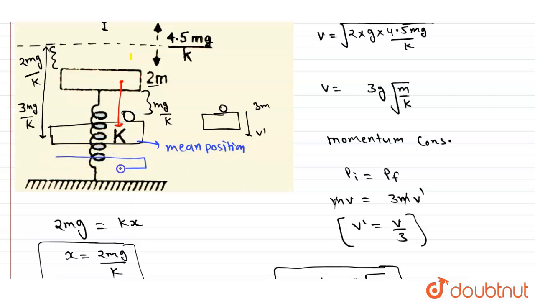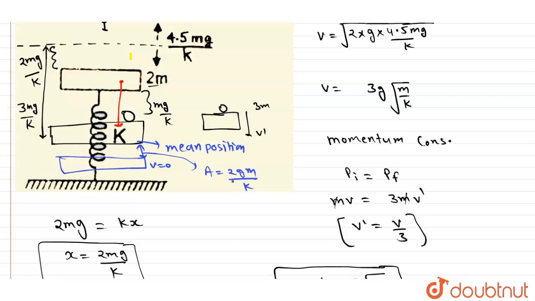Let's say it will move this much more distance, and here the velocity will become 0. It is just the extreme position, as we know in SHM. Understood? This much distance is known as the amplitude, from mean position to extreme position. This is 2gm divided by k that we have found.